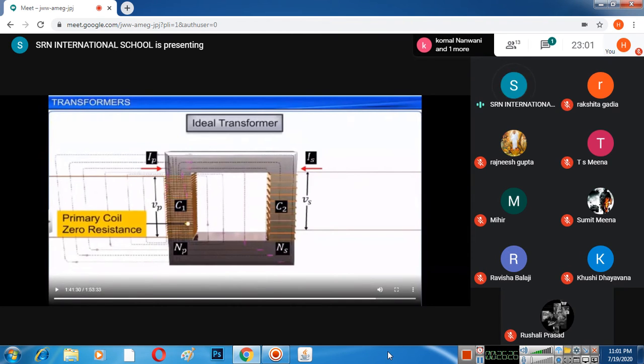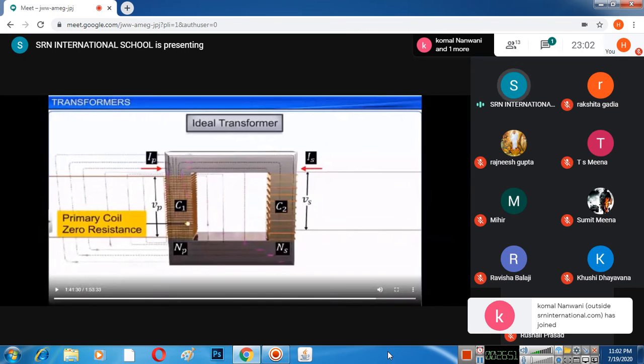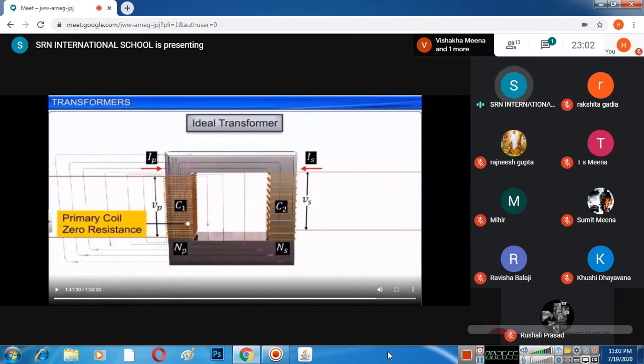That EMF depends on the number of turns. If the number of turns is less, that means the amount of EMF induced is less. So it is a step down transformer. So the major role in this transformer is played by these turns only. If we increase the number of turns, then more EMF will be induced. If we decrease the number of turns, that EMF will reduce. Is it clear to everyone?